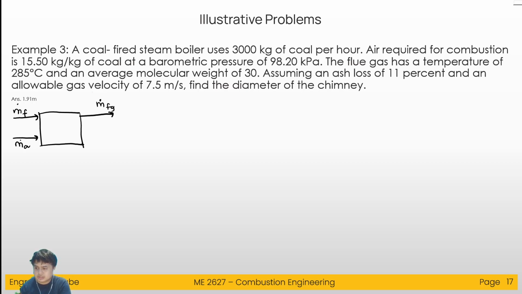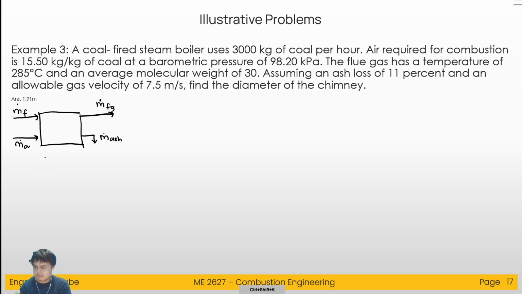And since we have a given here, which is the ash loss of 11%, what that basically means is that if you have 100 kilograms of fuel, 11% of that will become ash. So per 100 kilograms, you have 11 kilograms of ash.